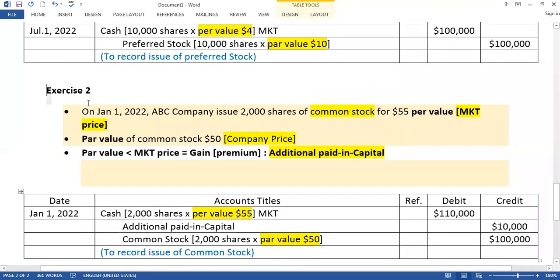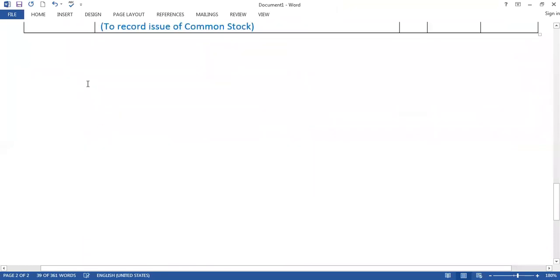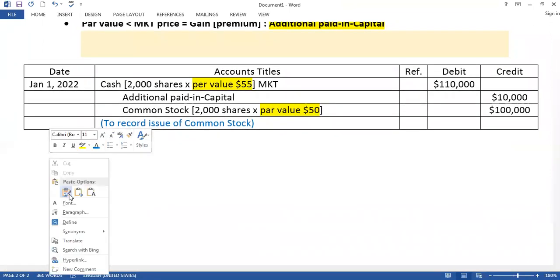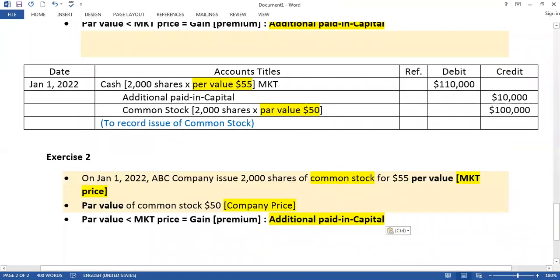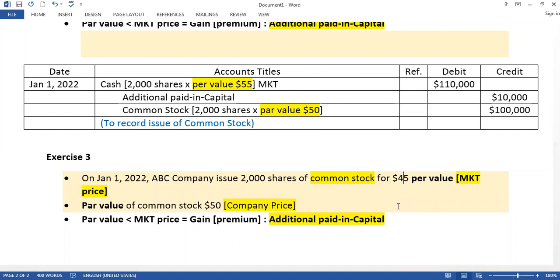Now look at another exercise, the same one. On January 1st, ABC company issued 2,000 shares for $45.